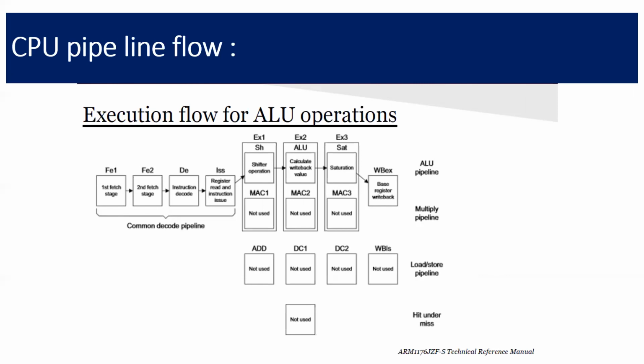Branch prediction means, as I told you, when branching occurs, the pipeline has to be flushed and start with some new value. In that case, some time will be wasted.